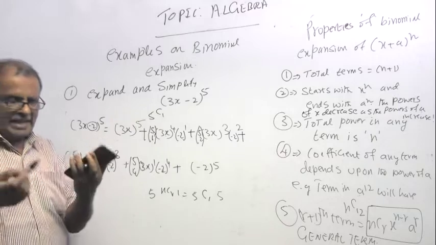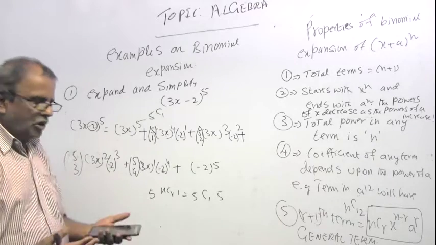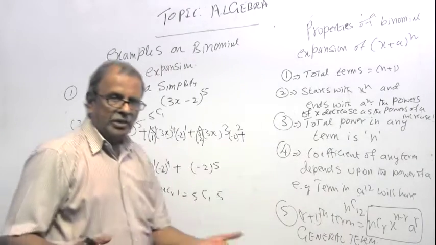5C2 is 10. 5C3 is 10. 5C4 is 5. You can find those, or if you know 5C2 is 10, that's good enough.